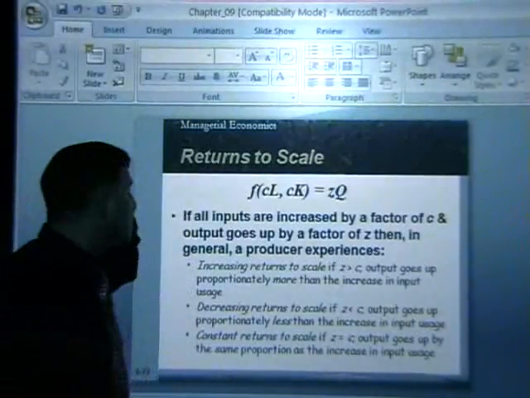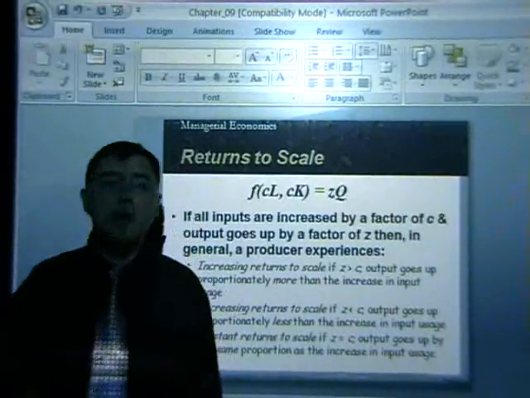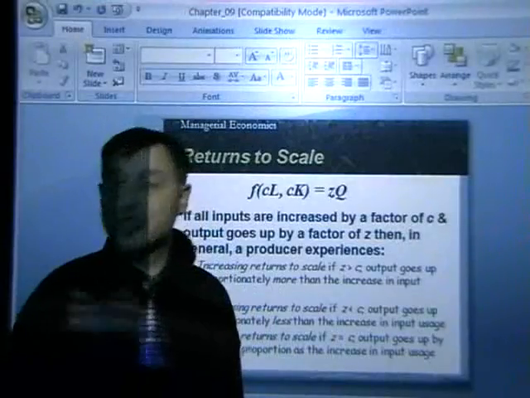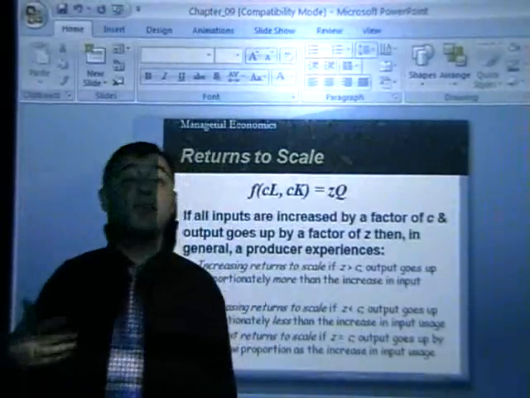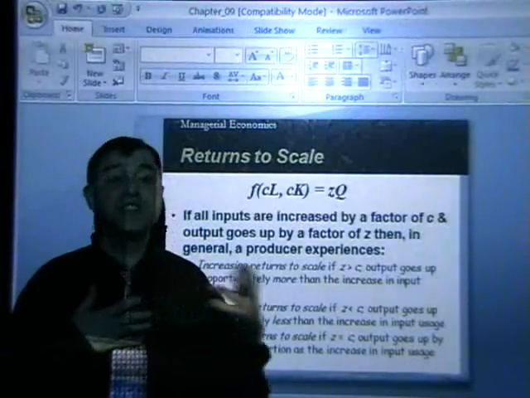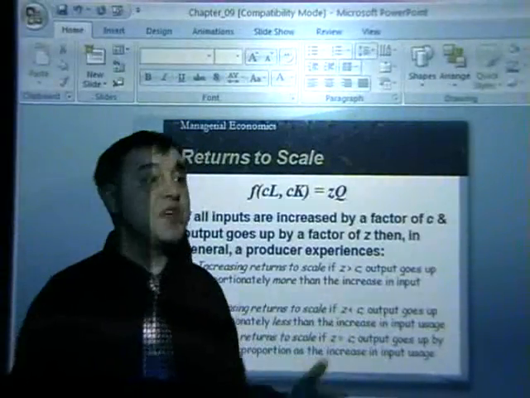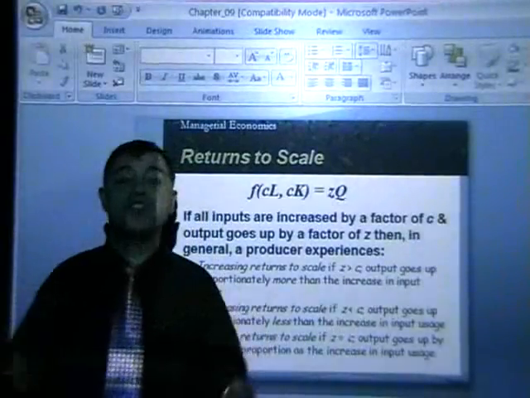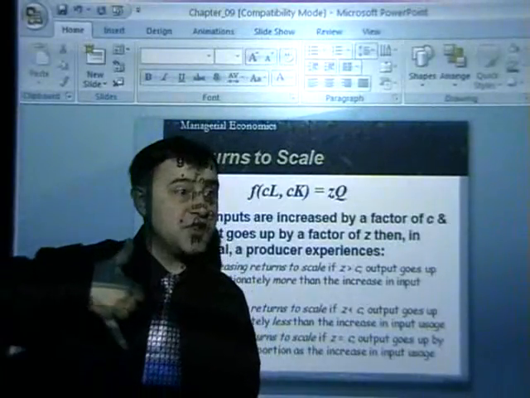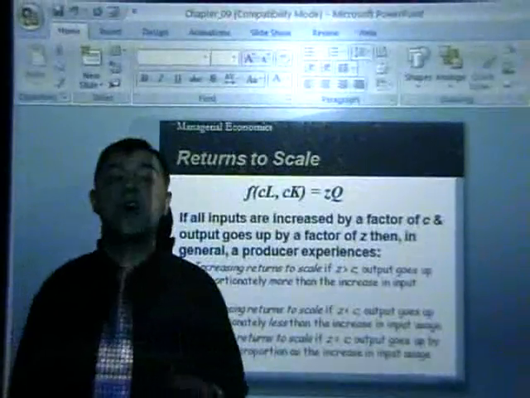Alright, so returns to scale, I have found the best way to explain it is like this. If you double the number of workers and you double the number of machines, are you going to be able to double production? If you are able to triple production, then we say that you gain economies of scale. If you double the quantity of each productive input, meaning you increase them by 100%, but output grows by only 50%, we say that we have diseconomies of scale.